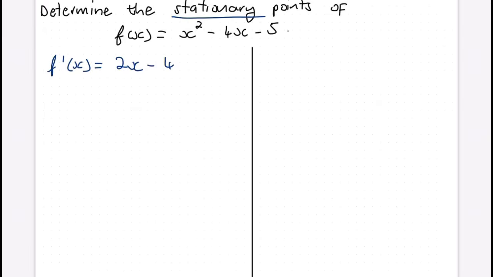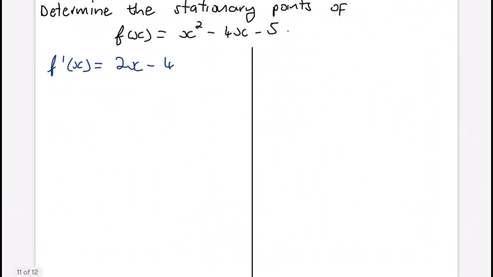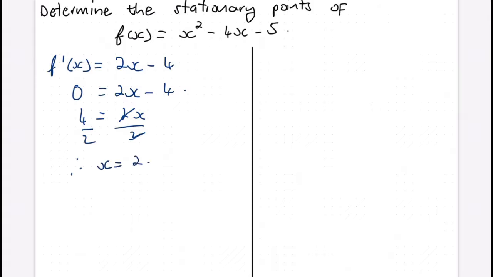Now, at the stationary point, we said the gradient is 0, okay? At the stationary point, the gradient is 0. So if you want to find the stationary point, replace f prime of x, the gradient, with 0. I'm going to solve for x here. Divide by 2 on both sides. I get therefore that x is equal to 2.